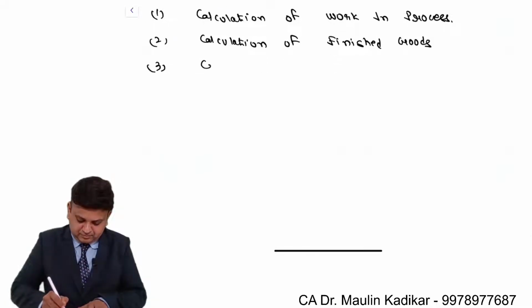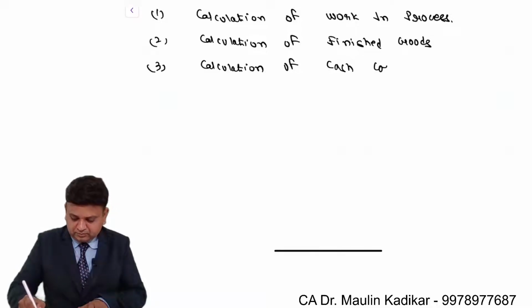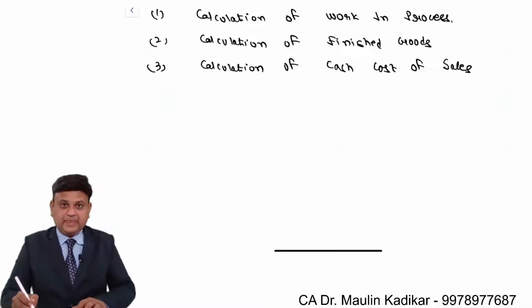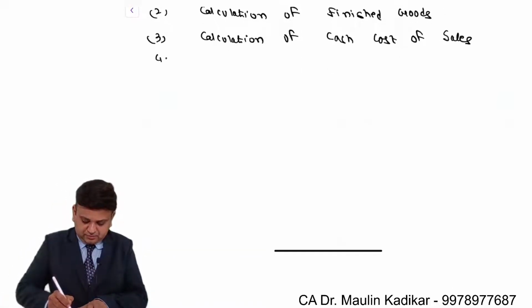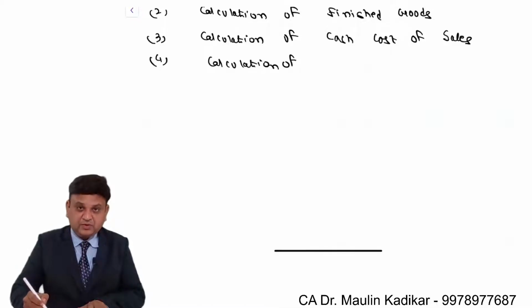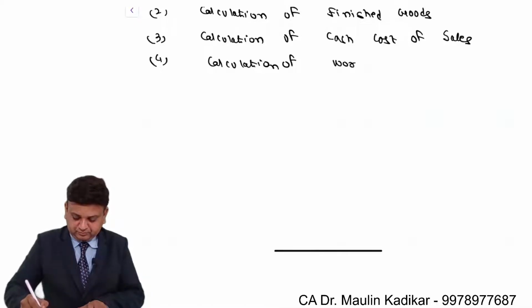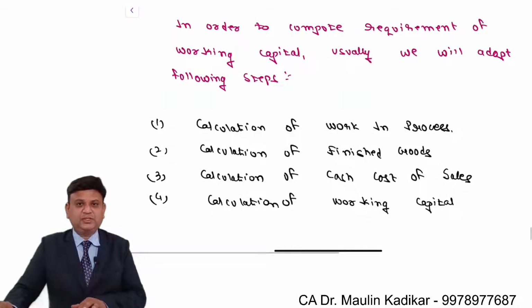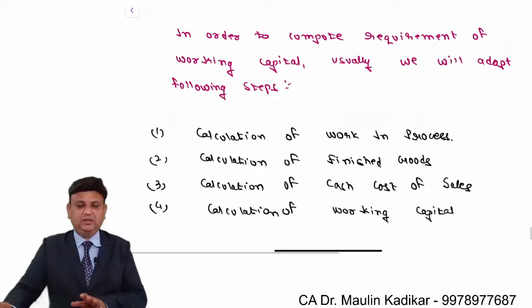Third, calculation of cash cost of sales. And fourth, calculation of working capital. These are the 4 steps in which we will be doing the answer generally.